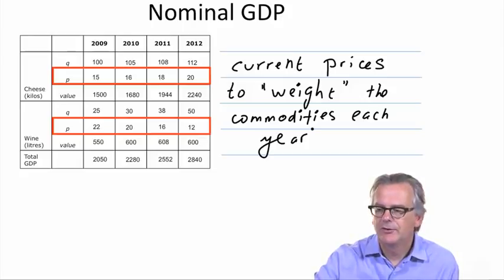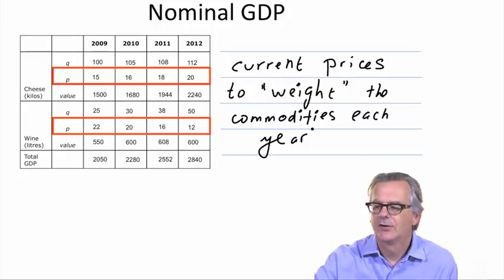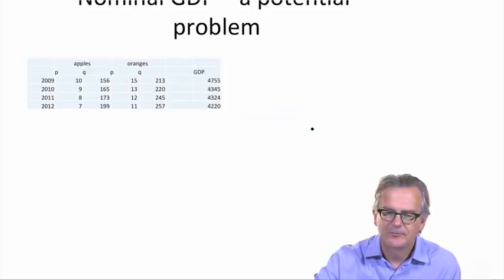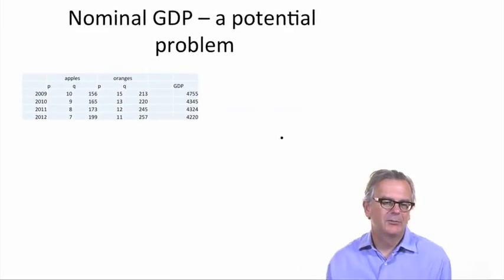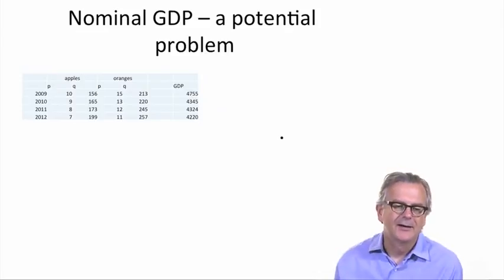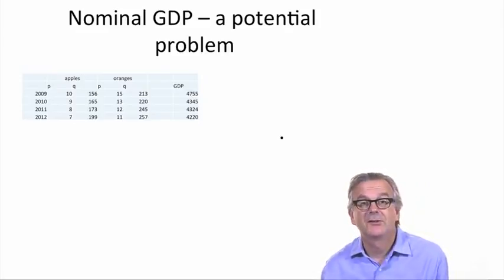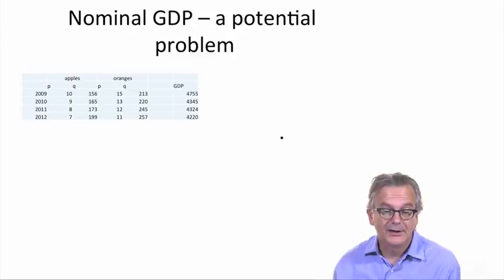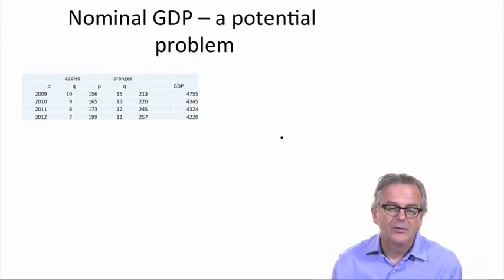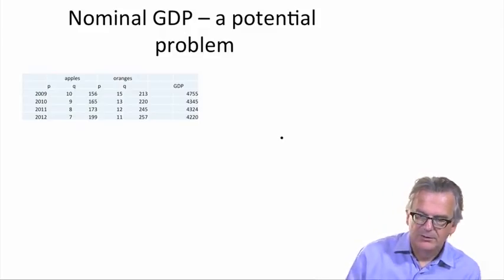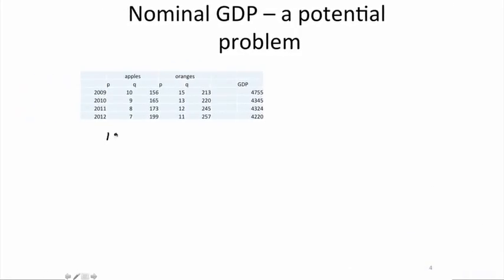So that sounds like a pretty good thing, but there is one drawback to this current price calculation, this nominal GDP. And I'll take another example to illustrate this quite dramatically. Let's just use apples and oranges with clearly made up numbers. Now look carefully at that table. You'll notice a few things.